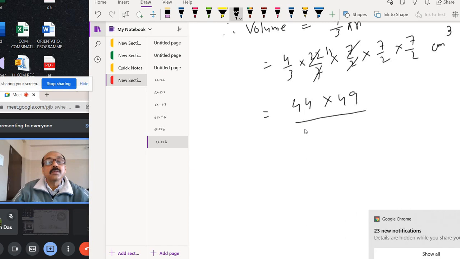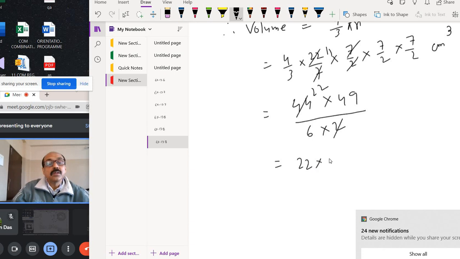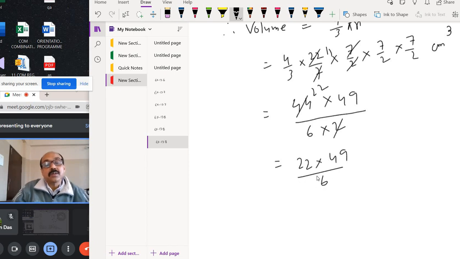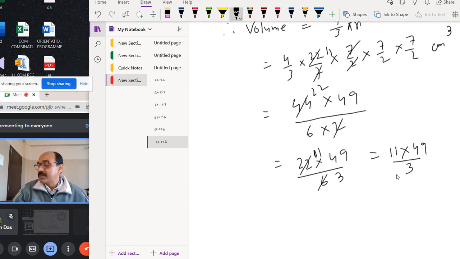So it equals 22 into 49 by 6. Can we cut by 2? 11 twos are 22, 3 twos are 6. So 11 into 49 by 3.